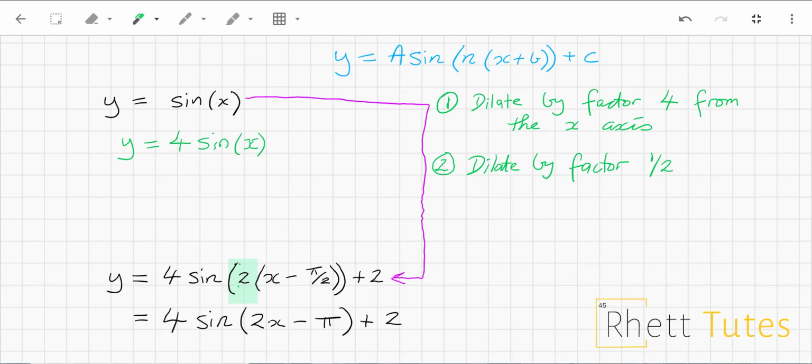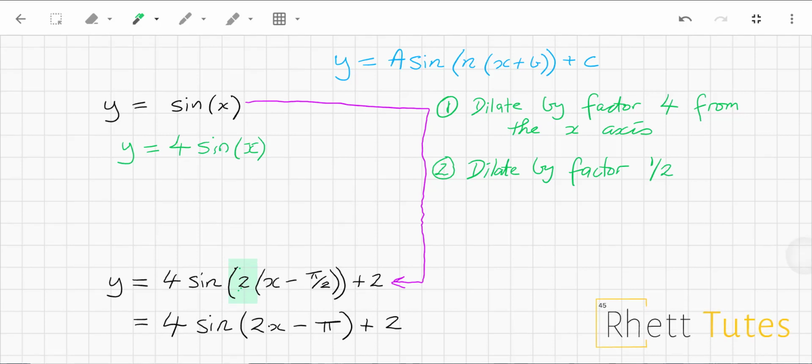This number down here is a 2, so the factor is 1 over 2, from the y-axis. So the equation I have here, y is equal to 4 sine of 2x. Number 3.